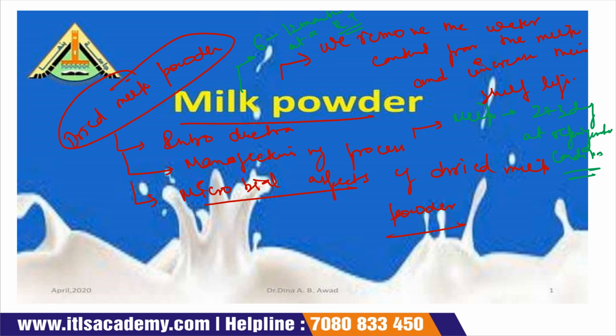That means you can keep the dry milk powder at normal room temperature, but you have to take care that it does not gain moisture. Otherwise, lumps are formed, and these lumps will change the properties of the dry milk powder.